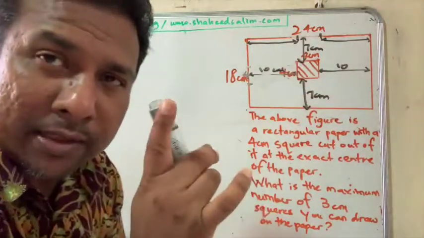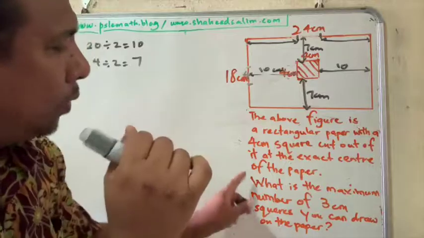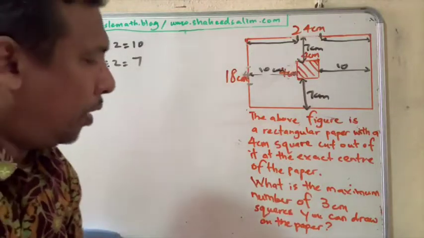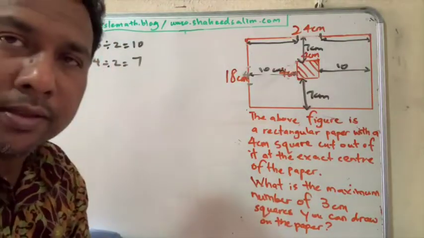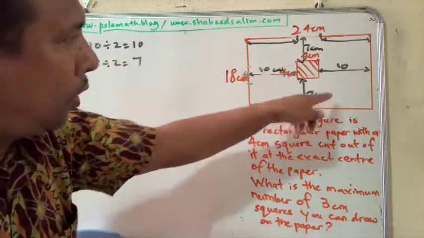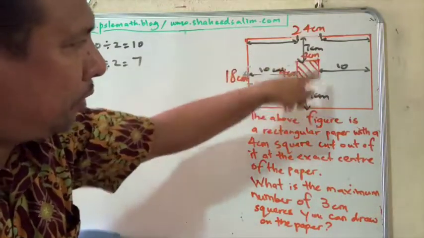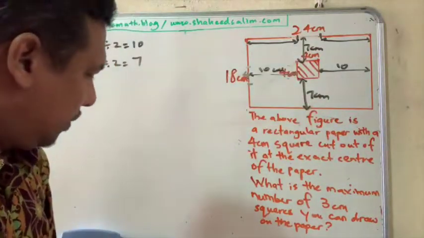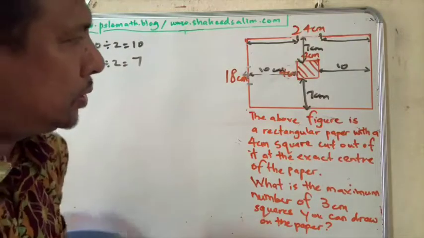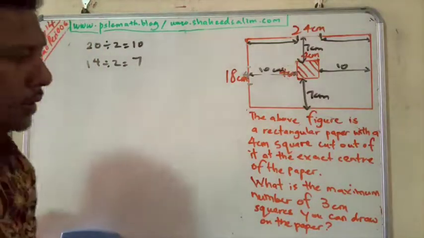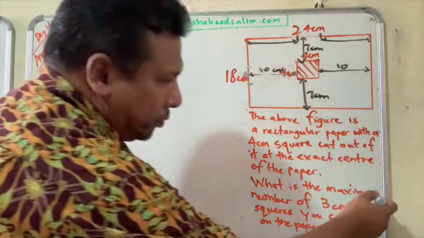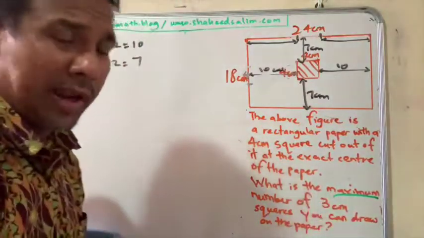And the question asks you, what is the maximum number of 3 cm squares you can draw on the piece of rectangular paper? So it says maximum, means you can draw less actually.